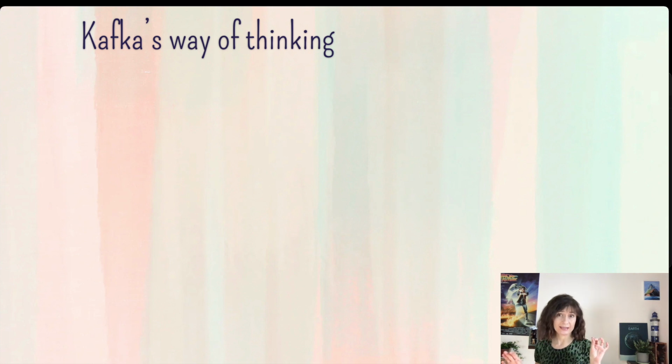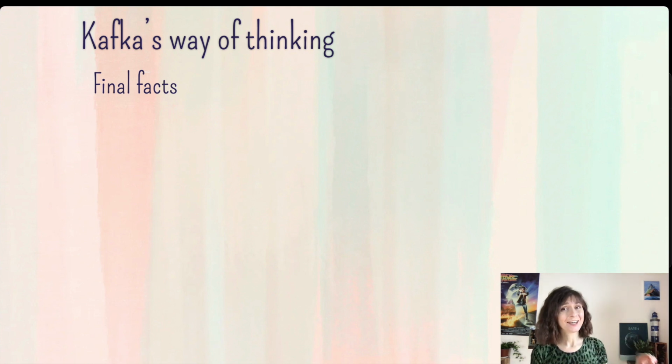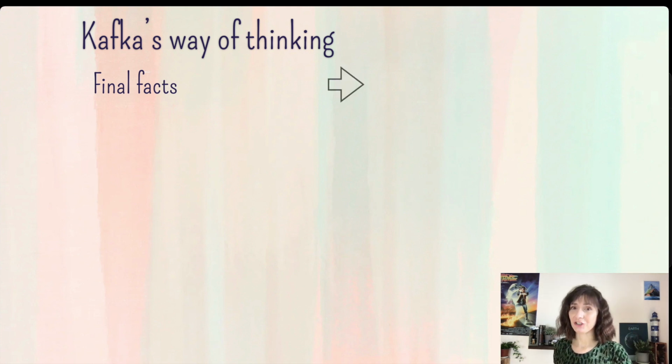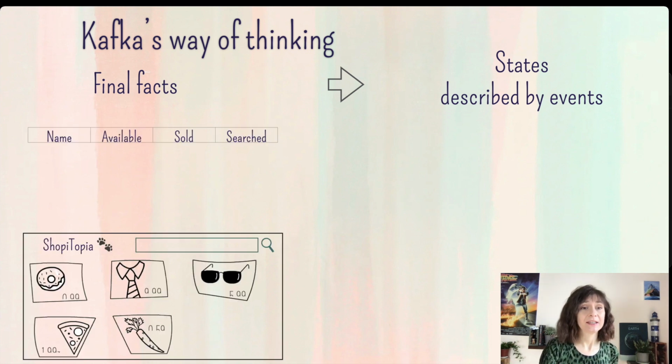Instead of working with data in the form of static objects or final facts, final information which is aggregated and stored in a database, Kafka deals with the entities described by continuously arriving events. So in our example, for the e-commerce project, we have a list of goods that we sell.